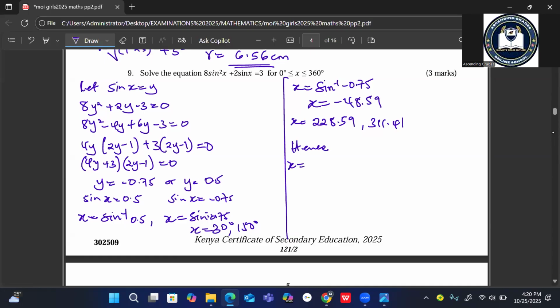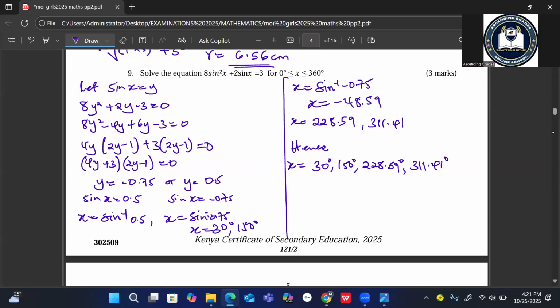So you can say hence all the values of x are 30 degrees, 150 degrees, 228.59 degrees, and 311.41 degrees.